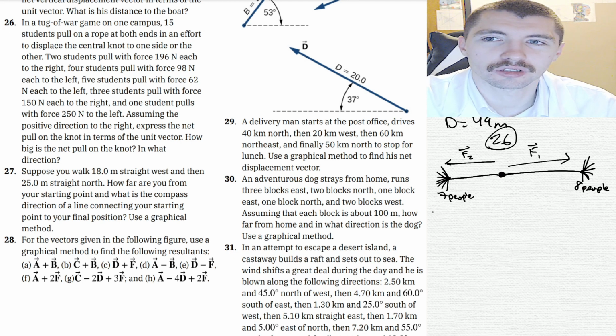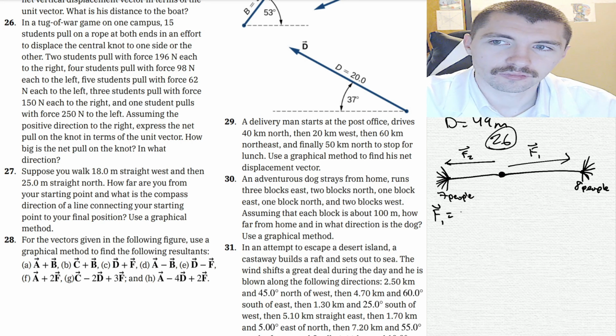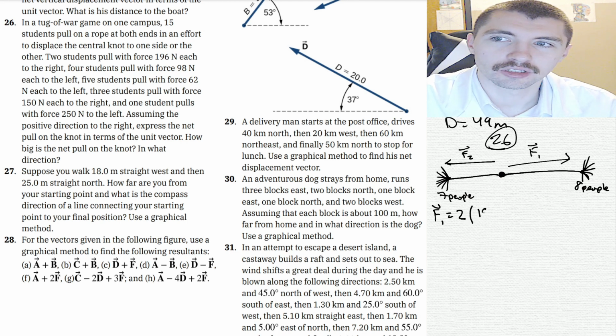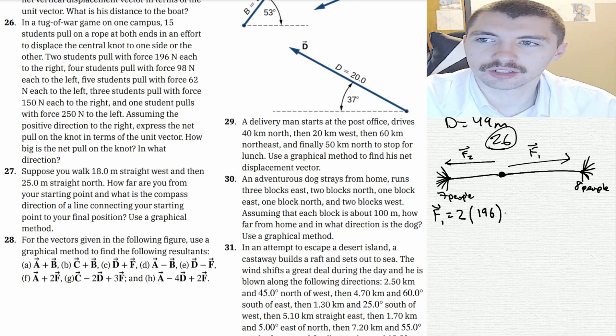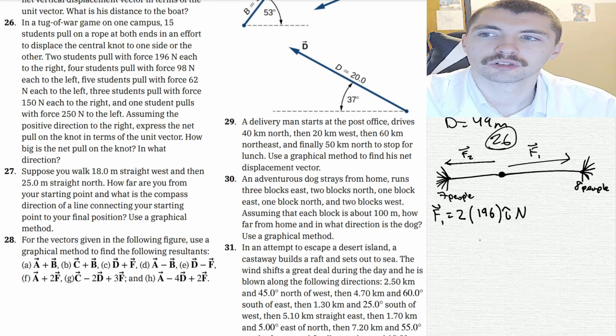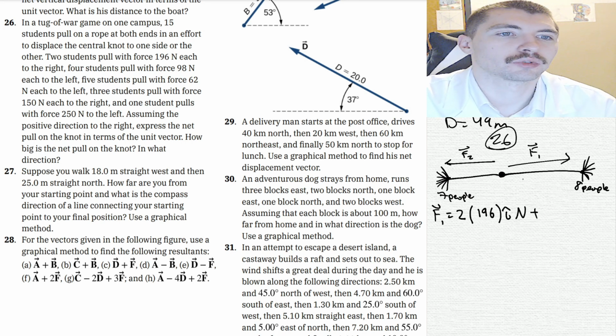Okay, so F1 equals 2 times 196, and that is in the I direction, and that's in newtons, plus whatever else.